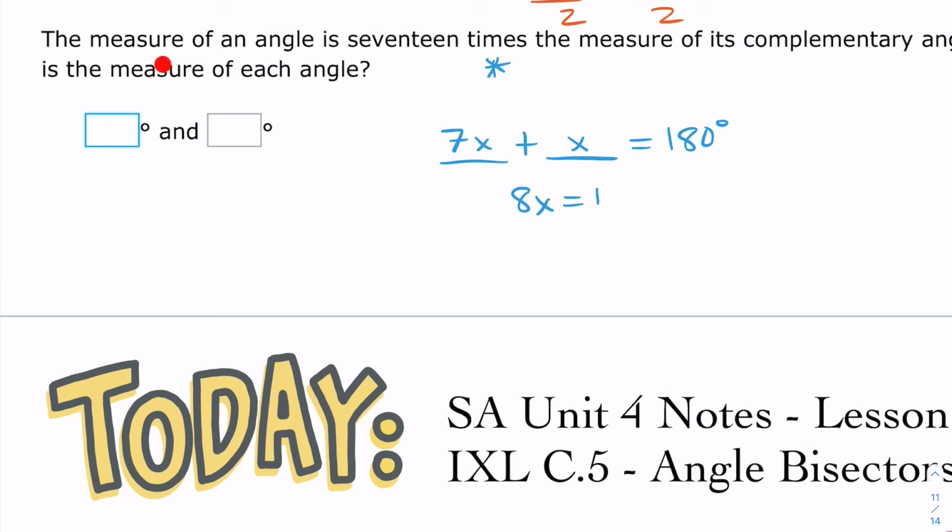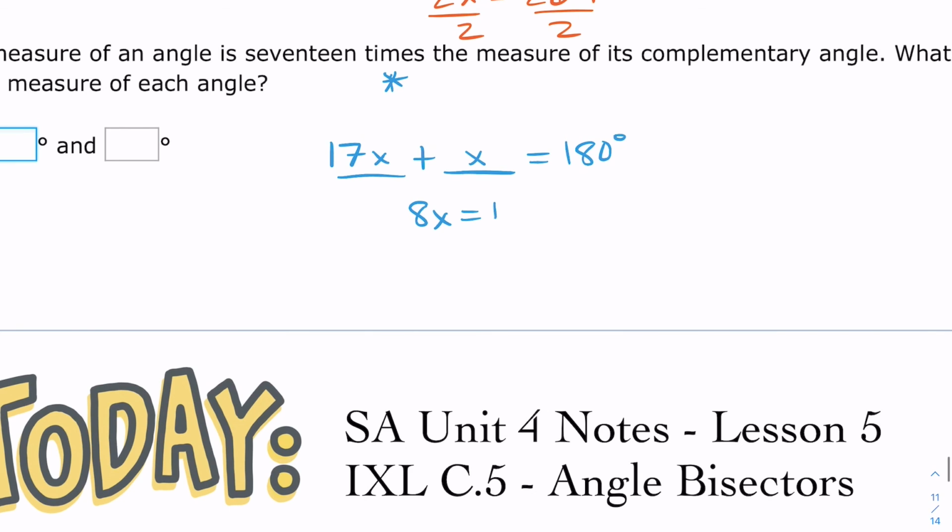So the measure of an angle is 17 times. Let's put a 1 here. 17 times, multiplication, the measure of its complementary angle. So together they add up to 180. So now I have 18x equals 180.